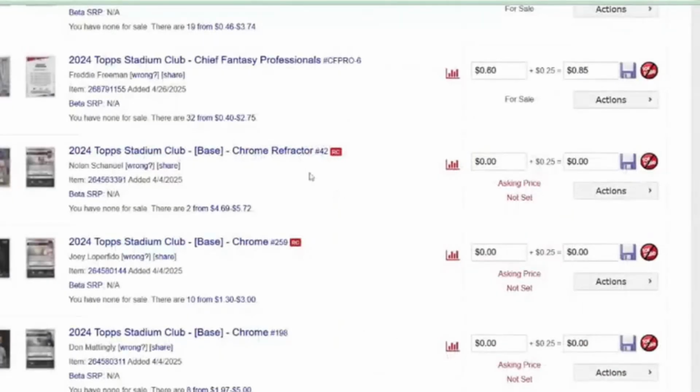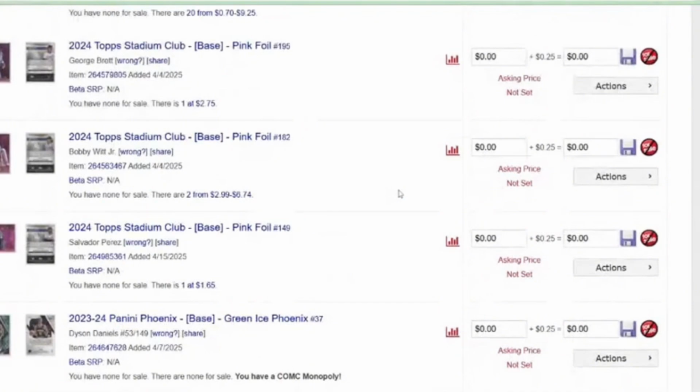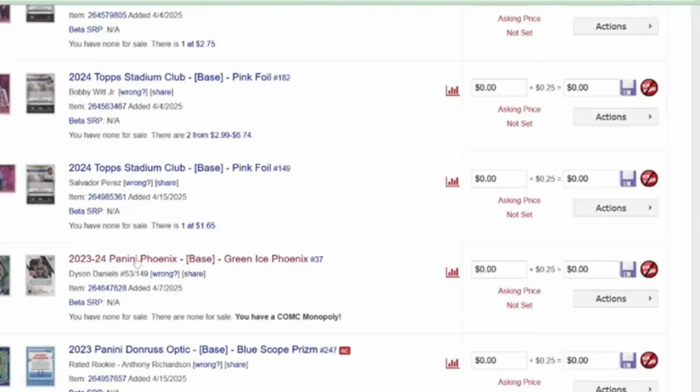Let's see if this will sell at $4.75 plus 25 cents for $5 flat. This is my first time doing this. I have not done this before, so I am learning. You will be learning along with me, because I am by no means saying that I'm an expert in any of this. This is my first time looking at this kind of COMC monopoly.